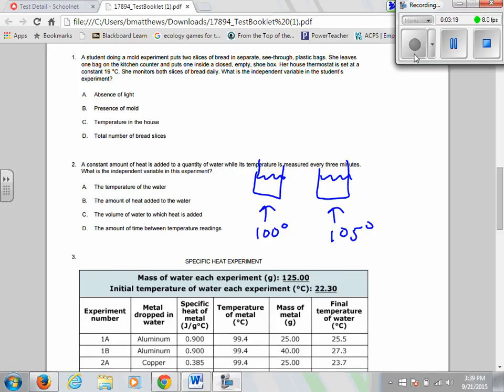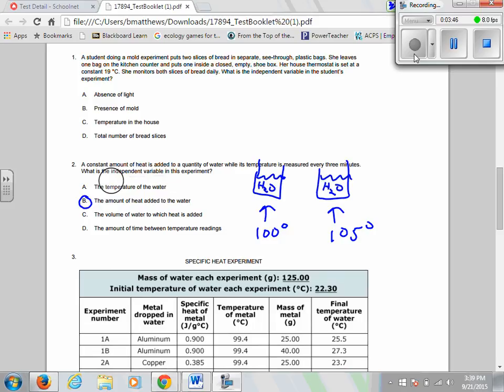So looking at this setup, what is the independent variable? Remember, I change. So here we have H2O, H2O, and just looking at my drawing, what is different about the two? It is the amount of heat that is added to the water. So it's going to be choice B.